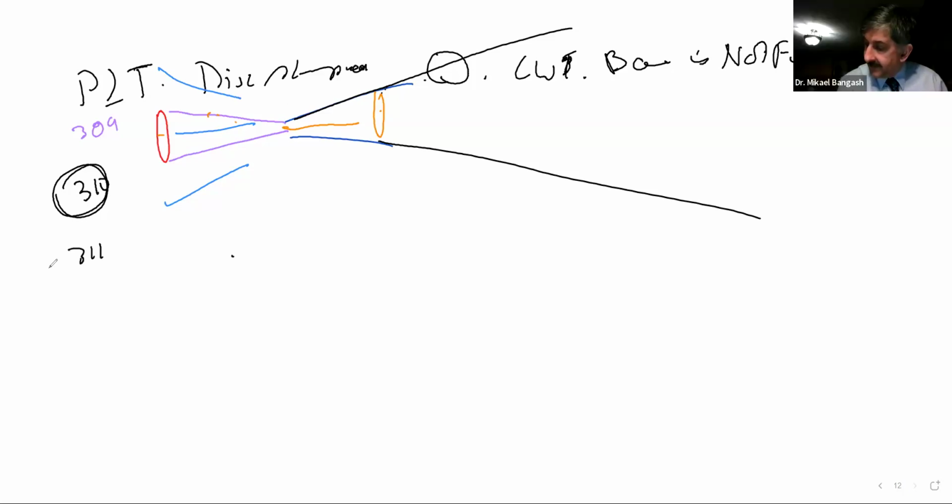Question 311. If the diameter of the sound beam is 8 millimeters at a depth equal to twice the near zone length, then the PCT has a diameter of 18 millimeters.